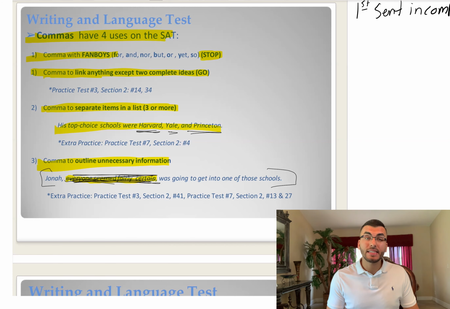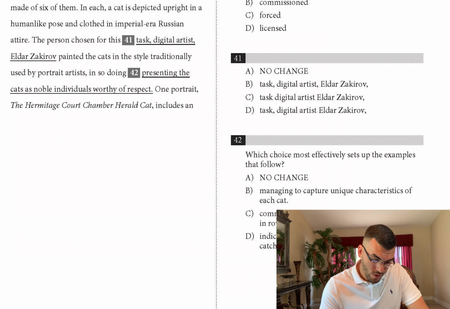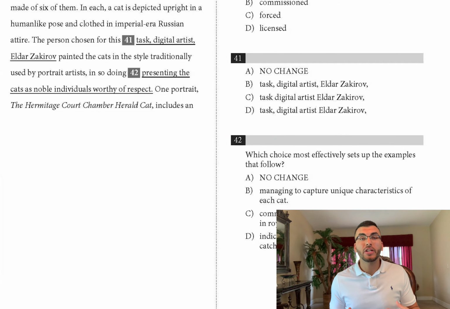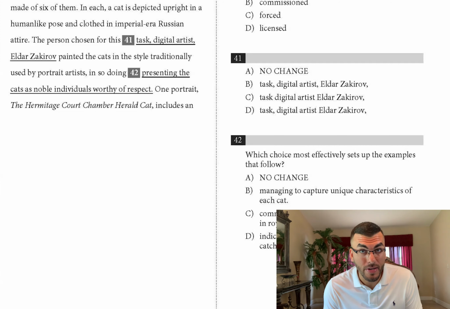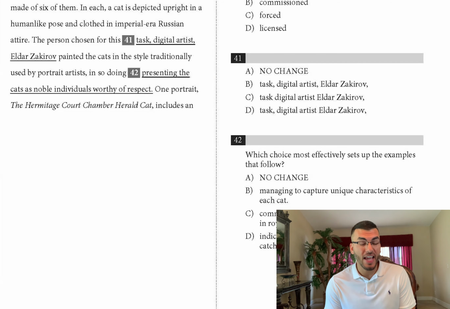So I'm going to start with practice test 3, section 2, number 41. Looking at 41, what's changing in the answer choices? The punctuation is changing, but it's only the commas that are changing.